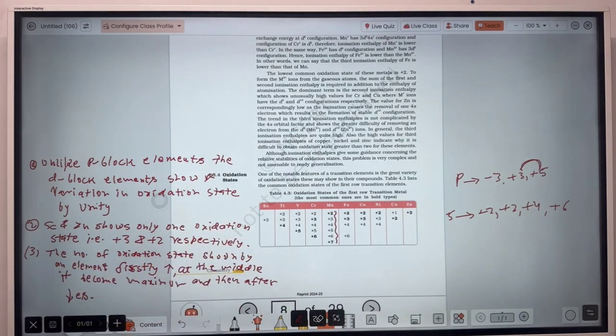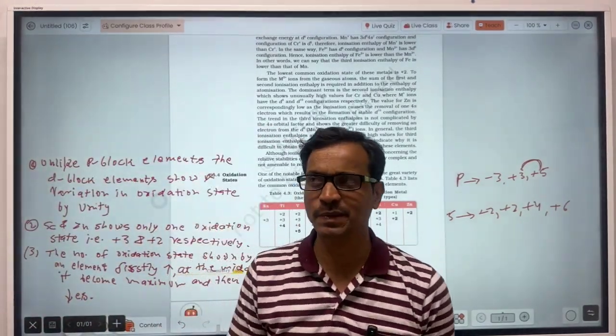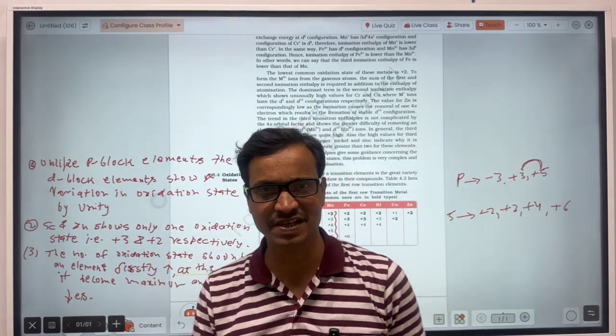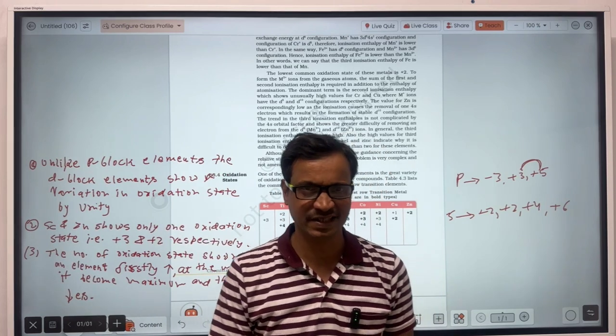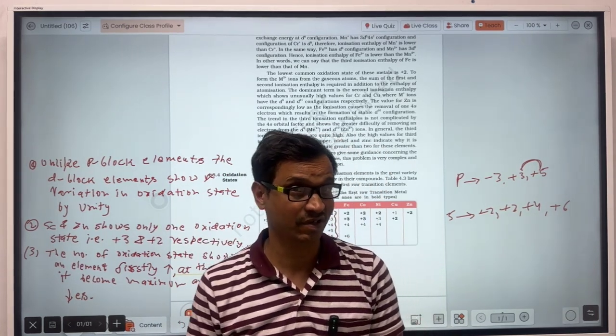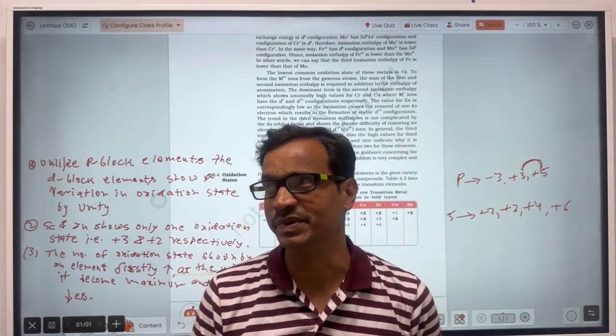In the 12th board examination, the question will be only from the 3d series. But in the NEET examination, the IIT examination, as well as the CUET examination, the question may be asked from the whole of the periodic table.